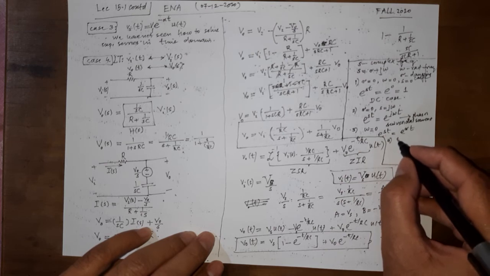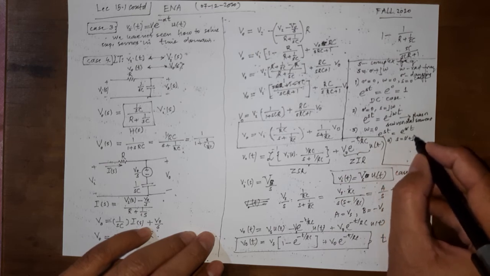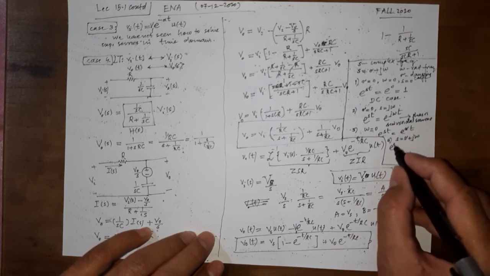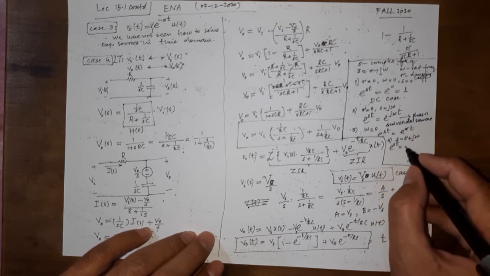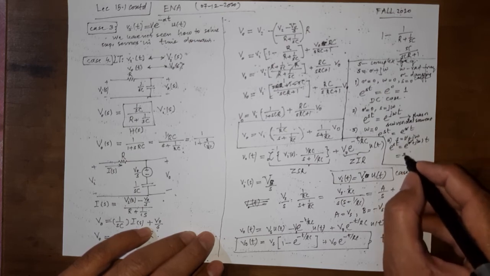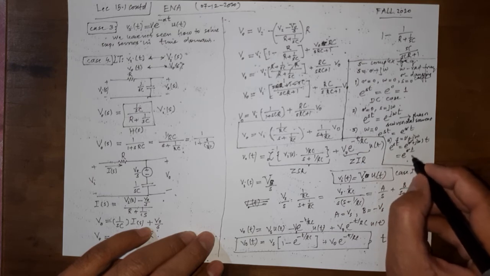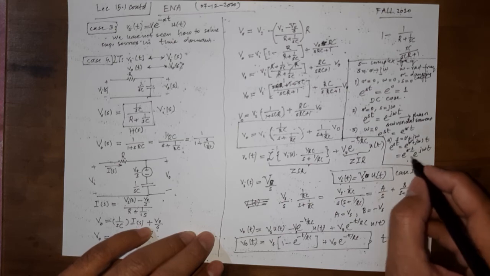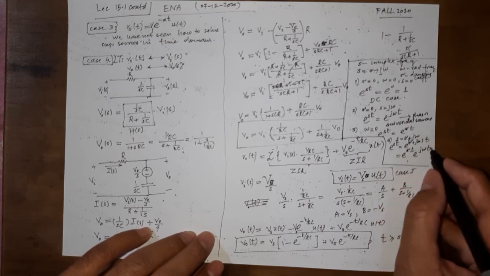And if we have S is equal to sigma plus j omega, sigma is not 0, omega is not 0, then e raised power st is basically equal to e raised to the power sigma plus j omega t, which can be written as e raised power sigma t into e raised power j omega t. Based on Euler's identity, you can see that this is a complex quantity.